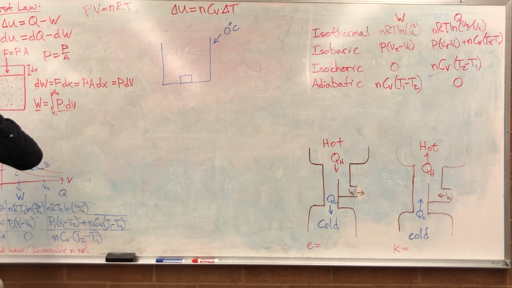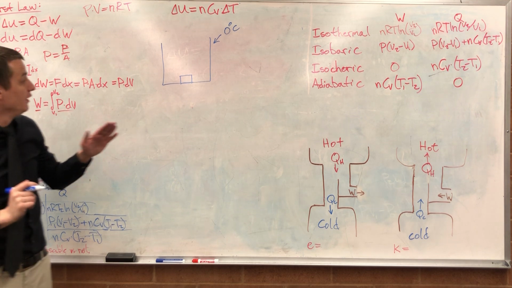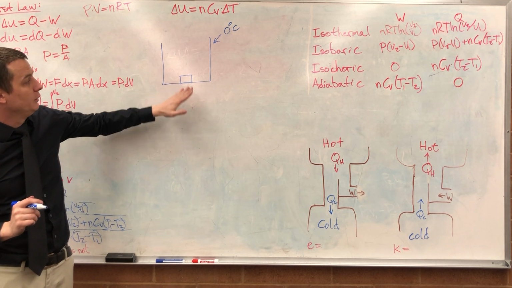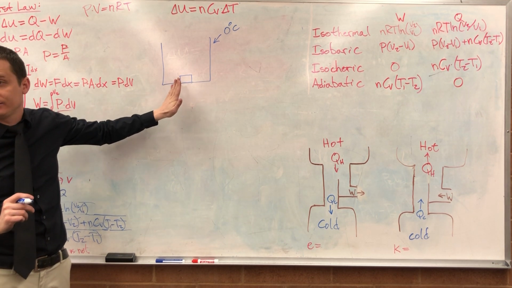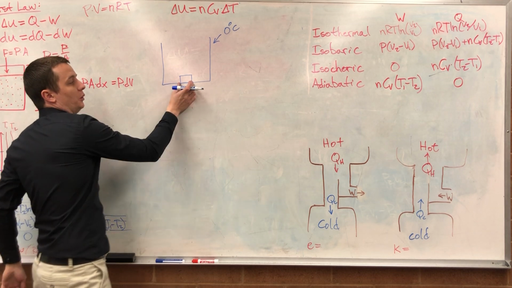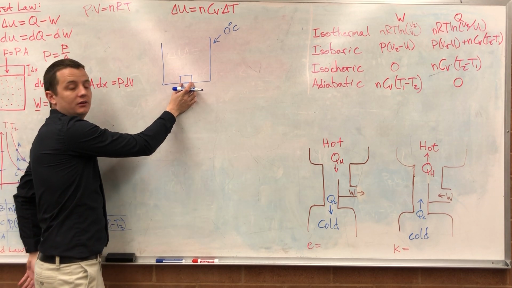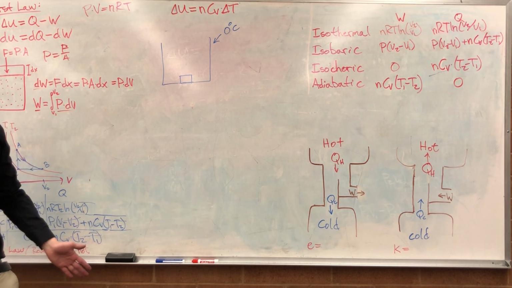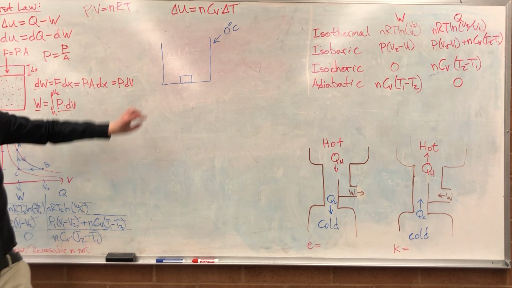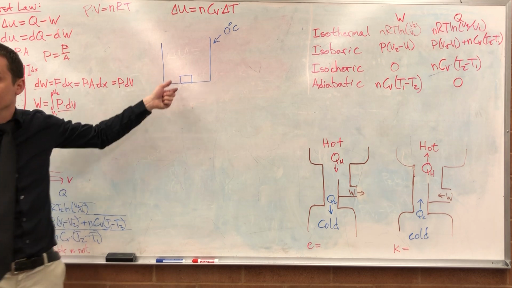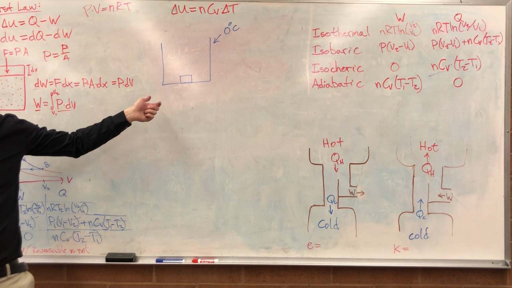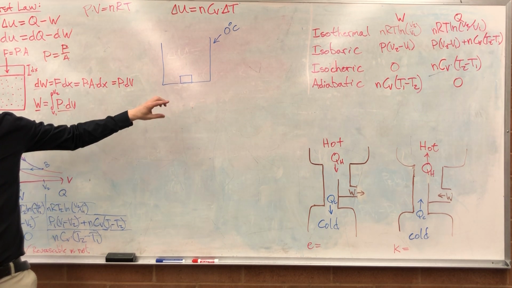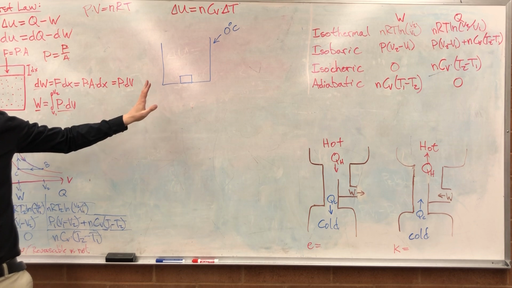If I add a little bit of heat to the system, it's going to start melting. I convert a little bit of that ice cube to water. And then I can also reverse that by taking a little bit of heat out of the system and converting that water back to ice.